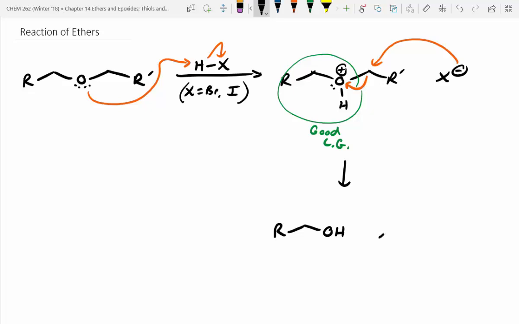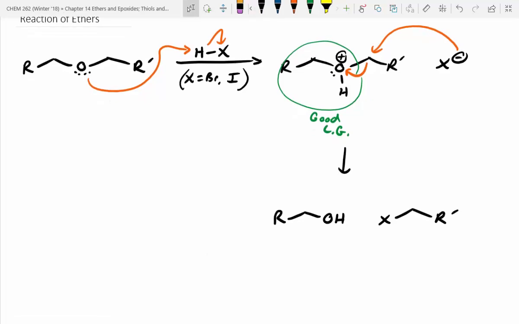And now we formed a new halogen-carbon bond with one side of the molecule and split it into two. Does that make sense? All right. If we've got more acid around, which usually this is done in excess, we can keep on reacting. And just like before, this alcohol will quickly get protonated by the acid.